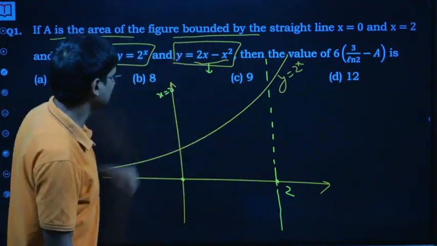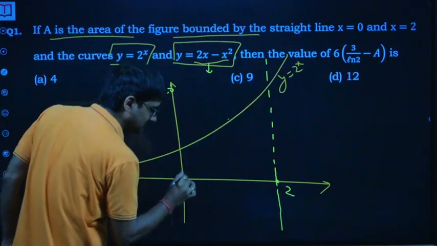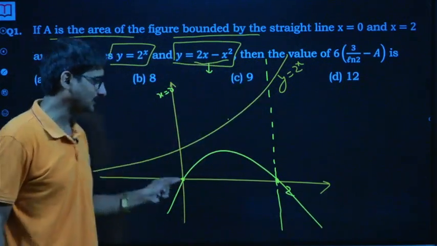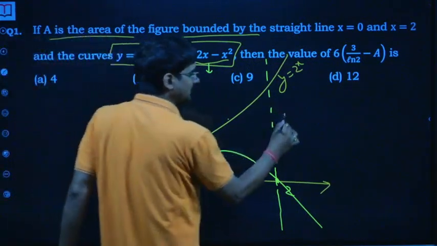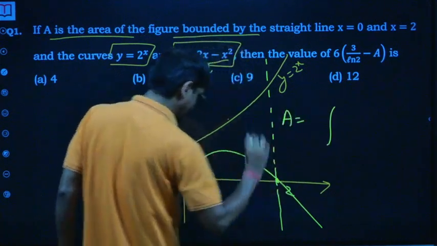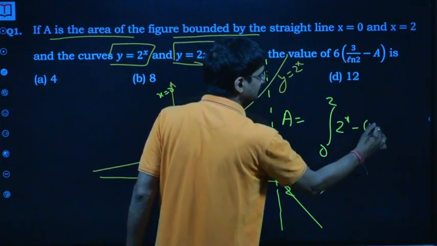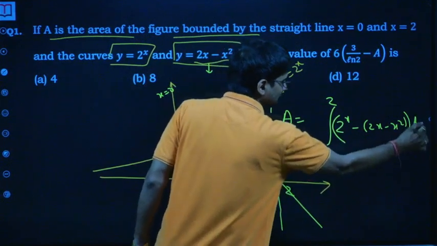At 1 the parabola's value is 1, and for the exponential at 1 the value is 2. So the parabola doesn't intersect the exponential curve, so it's simple. The area is nothing but, between 0 and 2, the upper curve minus the lower curve, as simple as that. Just a warm-up exercise.